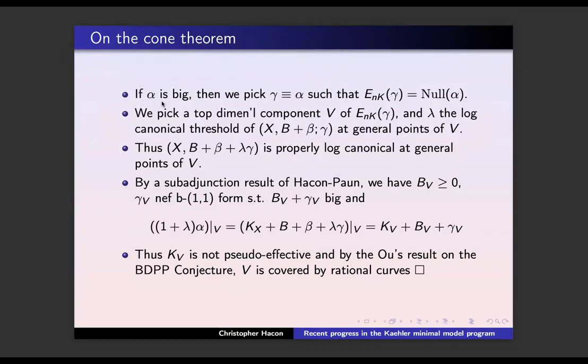So how does the argument go? If alpha is big, then I pick this representative of alpha with singularities precisely along the null locus.